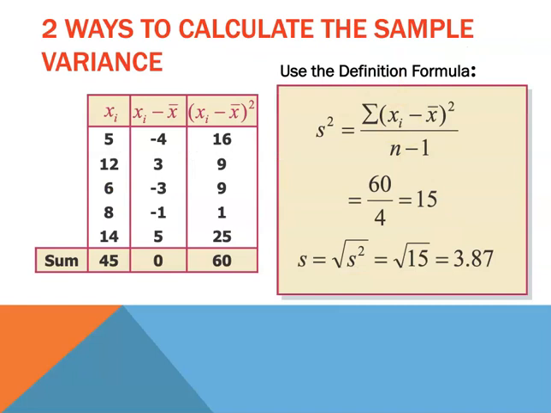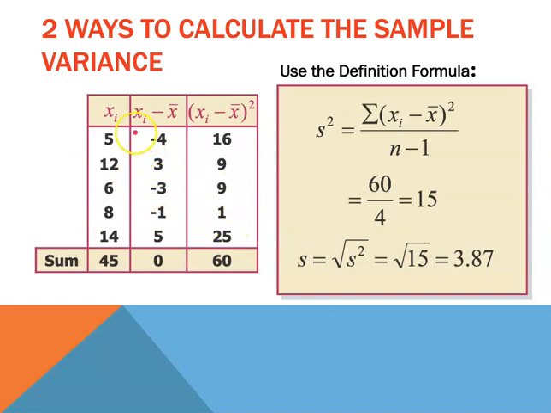Okay, so I'm going to introduce two ways to calculate the sample variance. The first one is the definition that we talked about earlier. Sample variance is equal to the sum of the deviation squared divided by n-1, or the Bessel correction. Now here is our data: 5, 12, 6, 8, 14, the same data that we've been talking about for this topic.